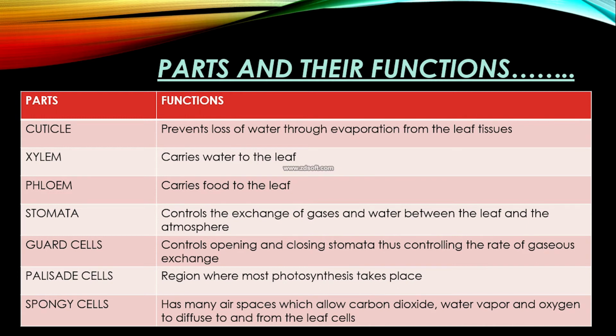Phloem carries food to the leaf. Stomata control the exchange of gases and water between the leaf and the atmosphere. Guard cells control the opening and closing of the stomata, thus controlling the rate of gas exchange. Palisade cells are the region where most photosynthesis takes place, and spongy cells have many air spaces which allow carbon dioxide, water vapor, and oxygen to diffuse to and from the leaf cells. So those are the parts and their functions.